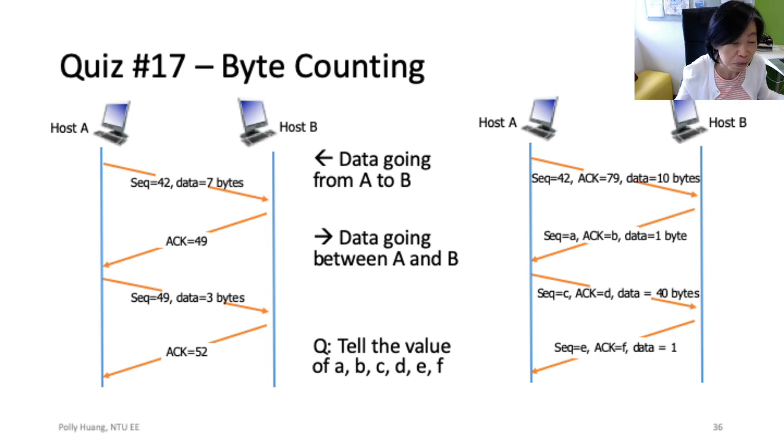Alright, so we do have one team. A 79, B 52, C 52, D 80, E 80, F. That sounds correct because that agrees with what Polly had.